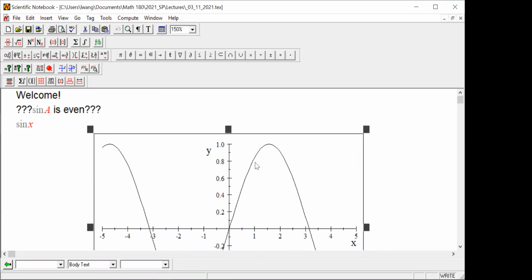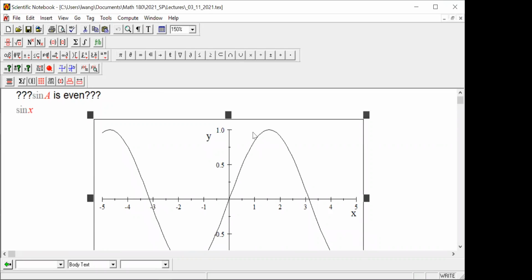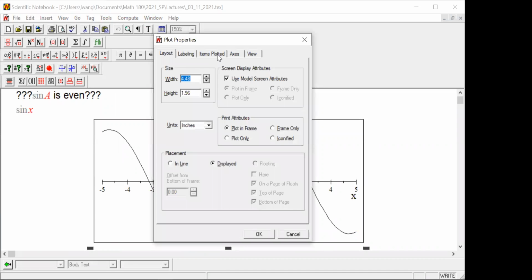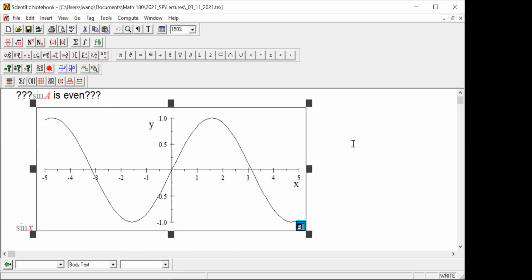Well, if you put sine of pi over 4, it would be the opposite to negative sine of pi over 4.